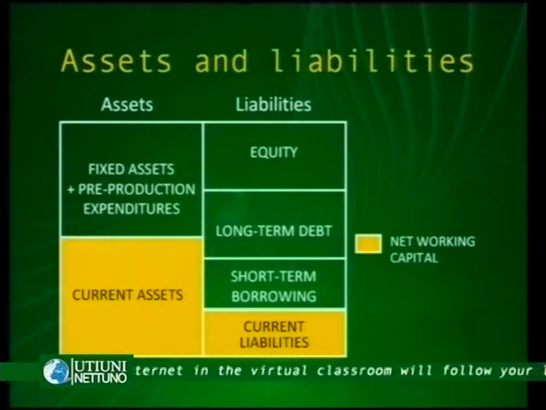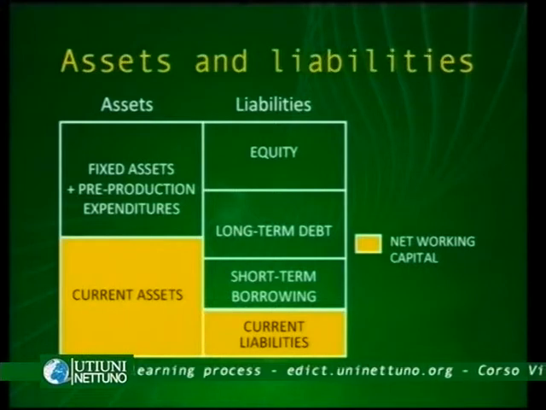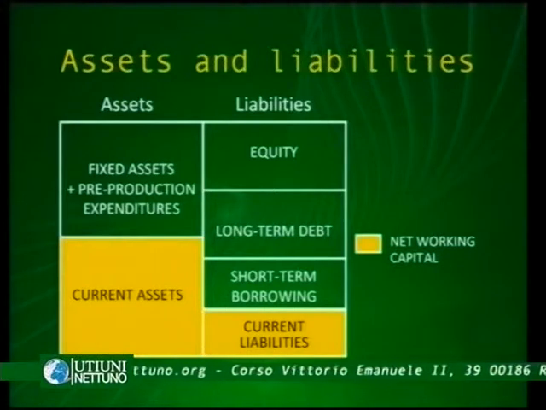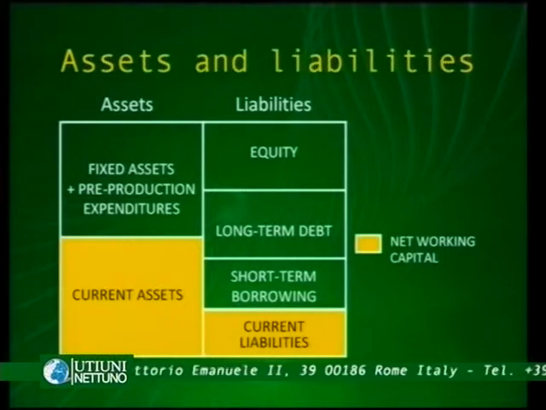So in order to understand how different forms of financing cover different financing needs of the project, we can analyze the structure of the project finance that here is represented through a table. And this table in particular is a balance sheet.